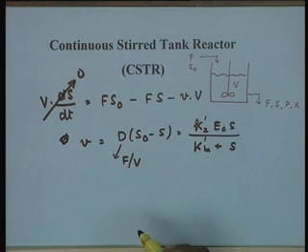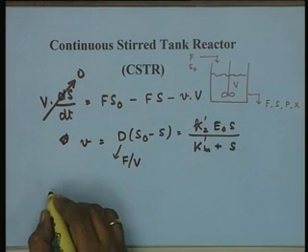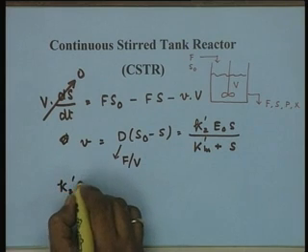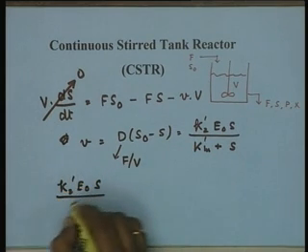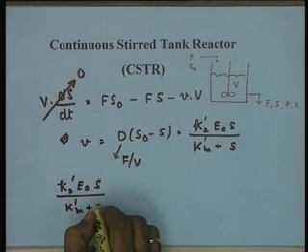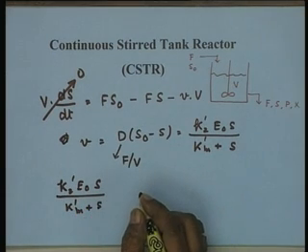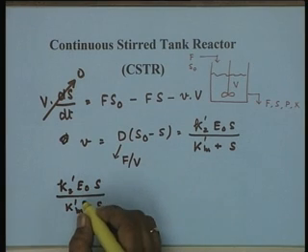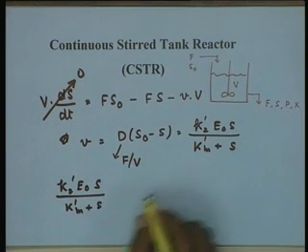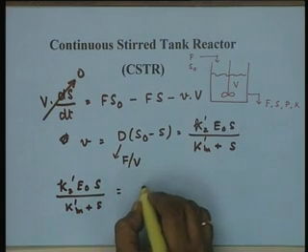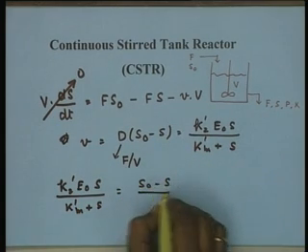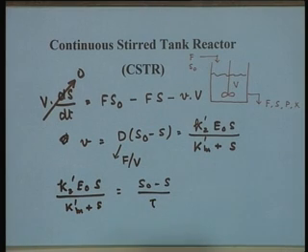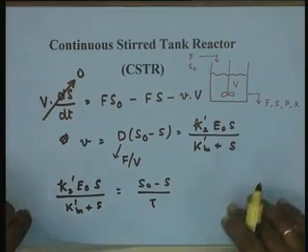So, this is the term, or from here you can also write K2 dash E naught into S upon K dash M plus S, or K2 dash upon S, this is equal to S naught minus S upon tau, that is your space time that was defined in the earlier expressions.